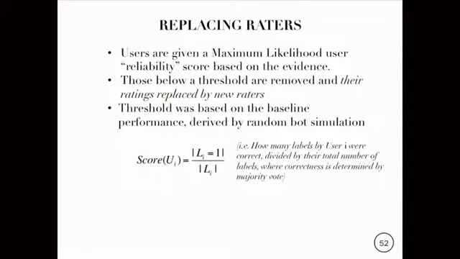So for removing raters, what we did was we assigned raters a maximum likelihood user reliability score, which was just the probability of you getting the correct label. And if you were below a certain threshold, I took you out.